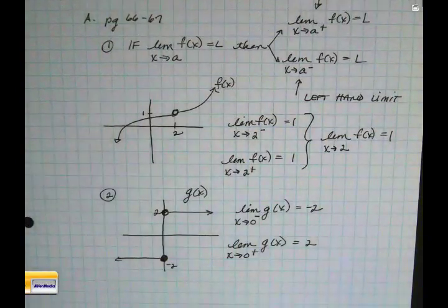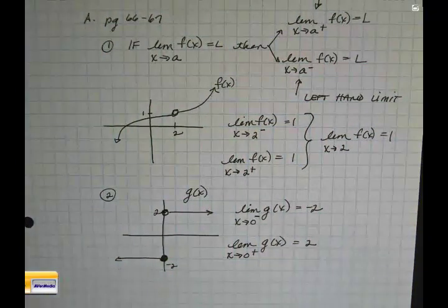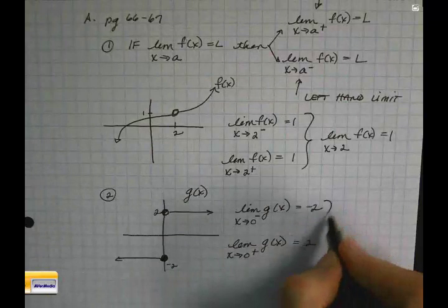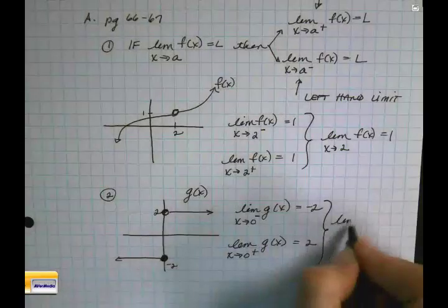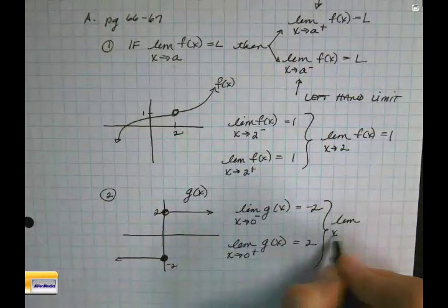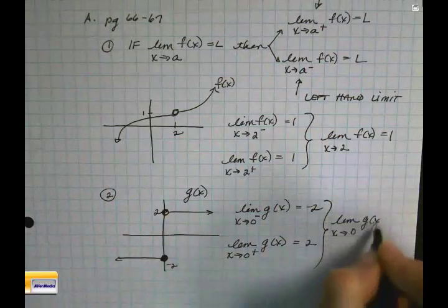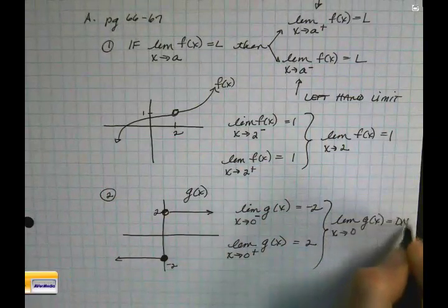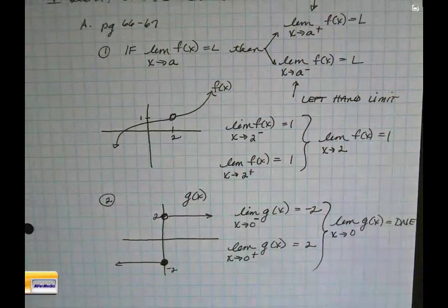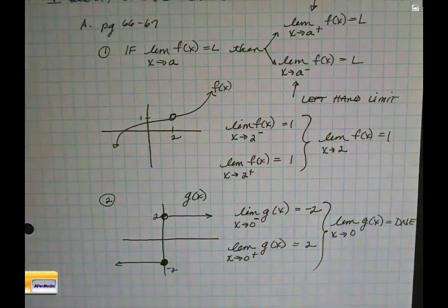So the one-sided limits exist. They have definite values. But I can conclude one more thing: the two-sided limit of this function is what? Does not exist. Because if those two are not in agreement, the two-sided limit does not exist. So the one-sided limits can exist, but the two-sided limit's not happening.